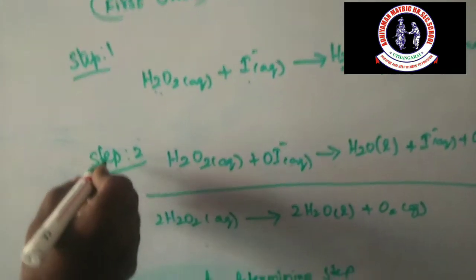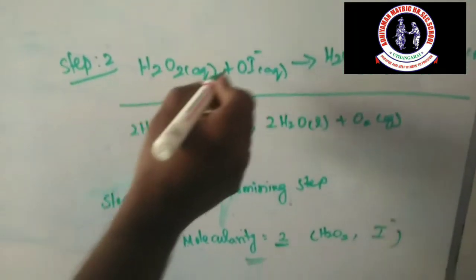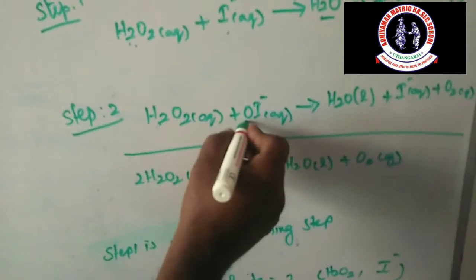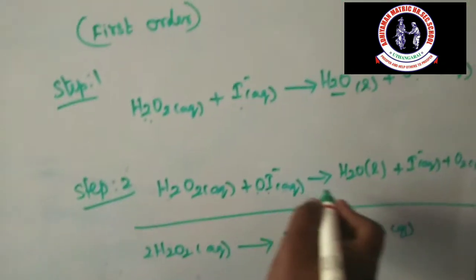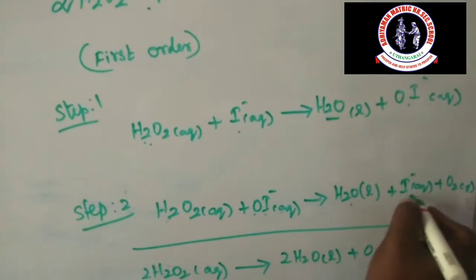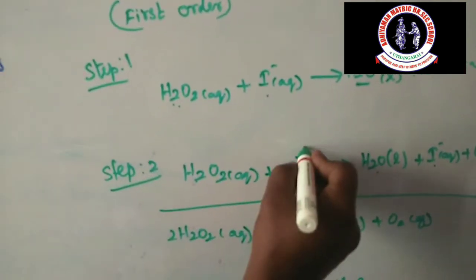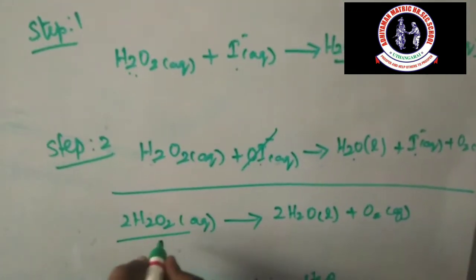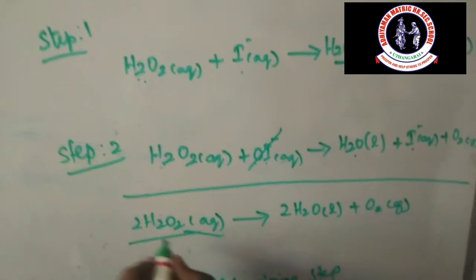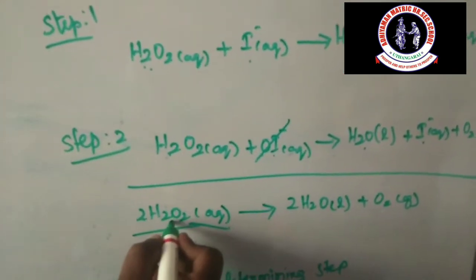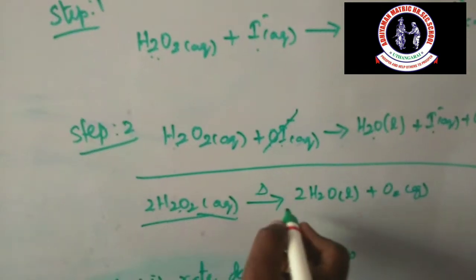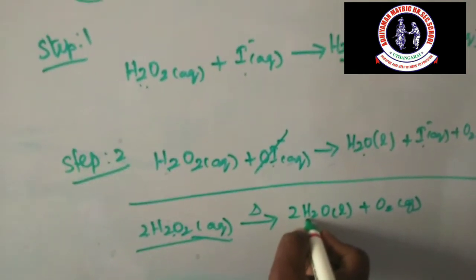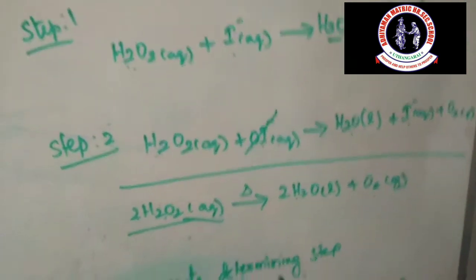Second step, hydrogen peroxide is treated with hypoiodite to give water, iodide and oxygen. Here hypoiodite is cancelled. Net result, the overall reaction: 2 moles of hydrogen peroxide undergo decomposition to 2 moles of water and oxygen.